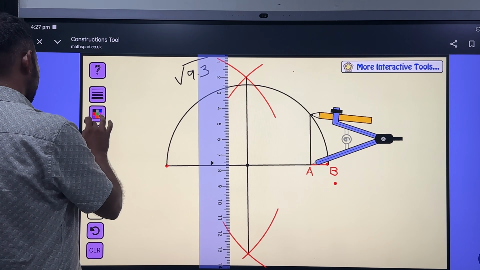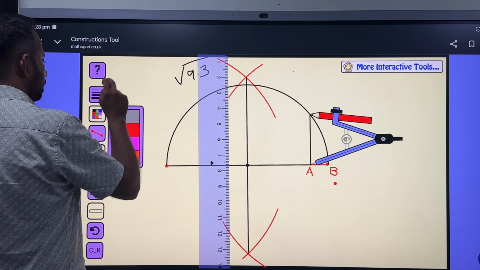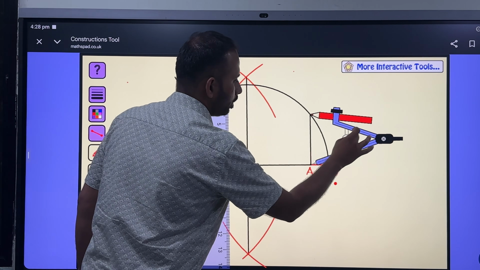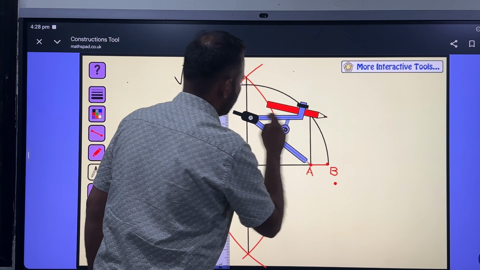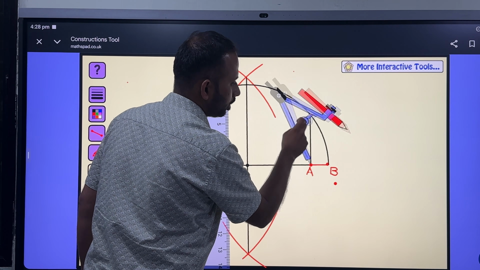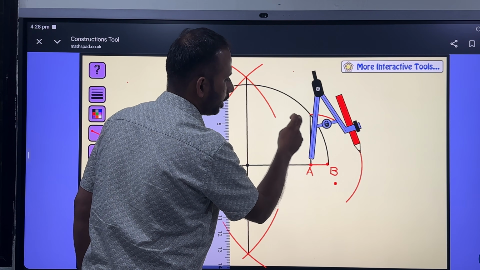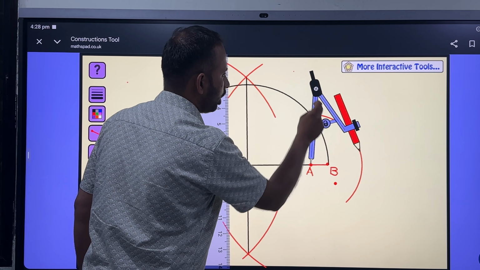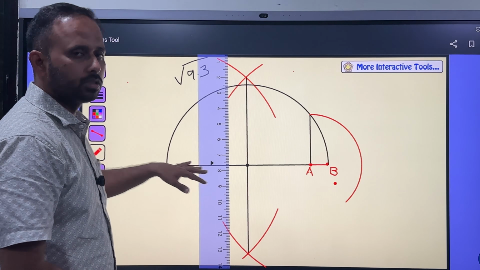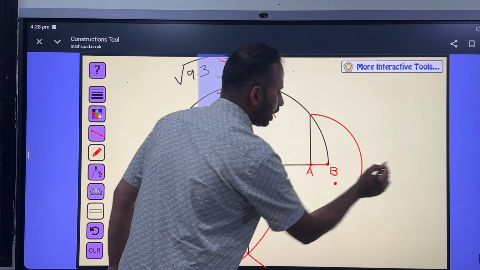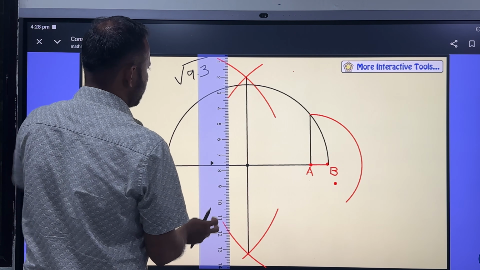We're going to change our ink. Now lock it and draw an arc till you meet this line. So this is our arc. Now the compass is of no use, so take your scale and extend this line.